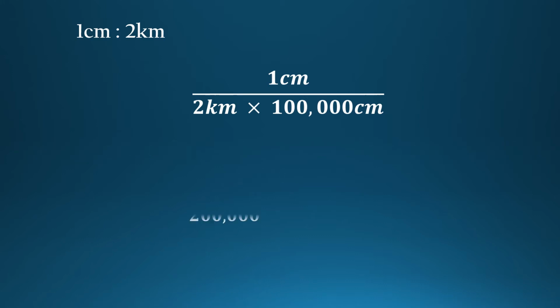Hence, we will get 1 over 200,000 or 1 to 200,000 because it can be expressed either as a fraction or a ratio. That is why we have the term ratio scale or representative fraction.